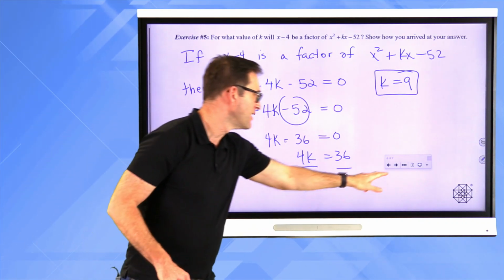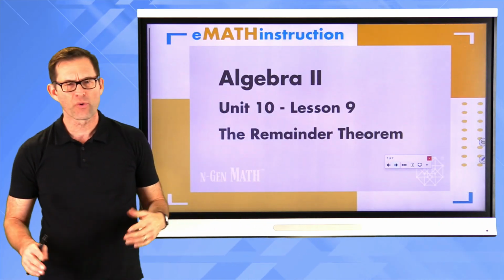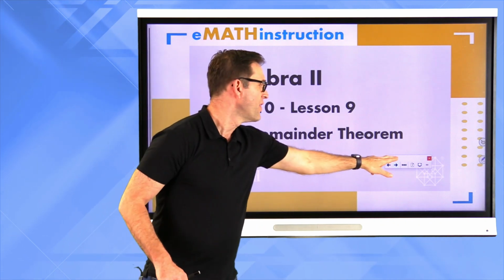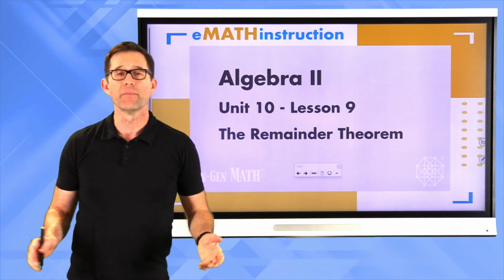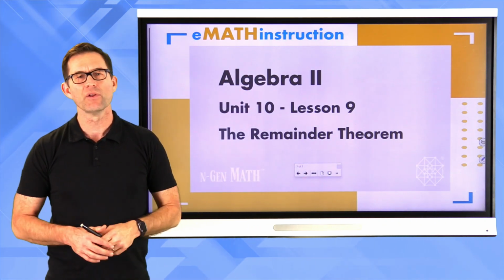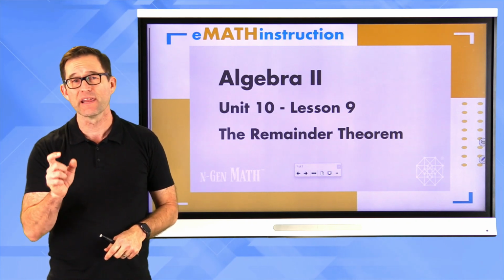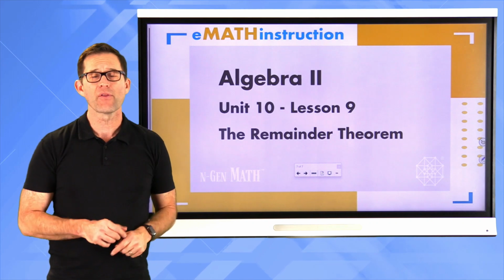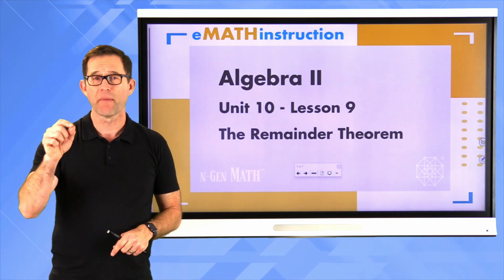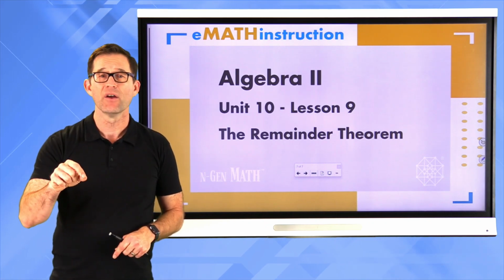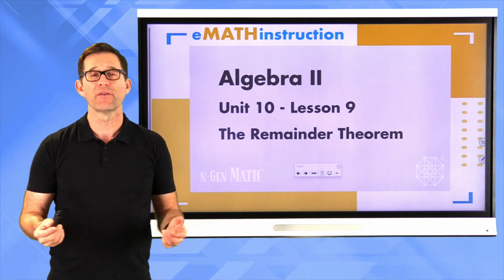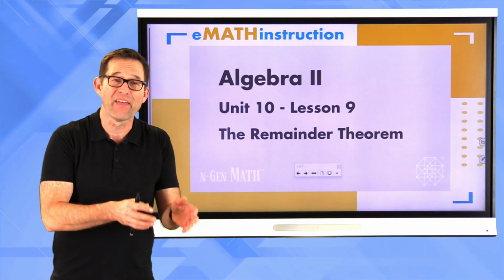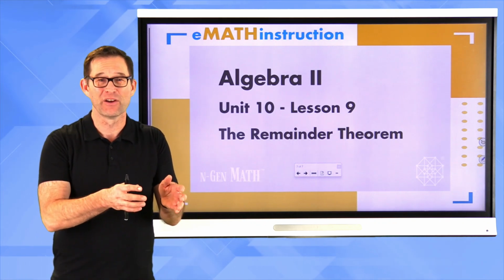All right, let's wrap this thing up. The remainder theorem is kind of a heavy theorem, right? And it's this idea that when I divide a polynomial by a very specific looking linear factor, or a linear binomial, x minus a, then I'll always get another polynomial plus a remainder divided by x minus a, where that remainder is the polynomial evaluated at the 0 indicated by that linear binomial.